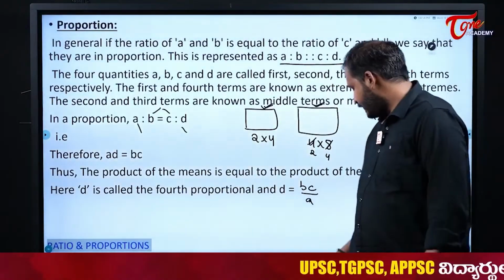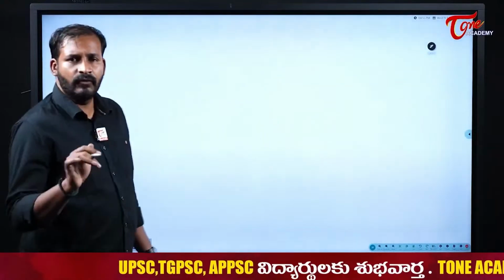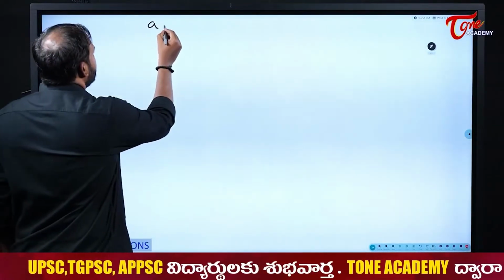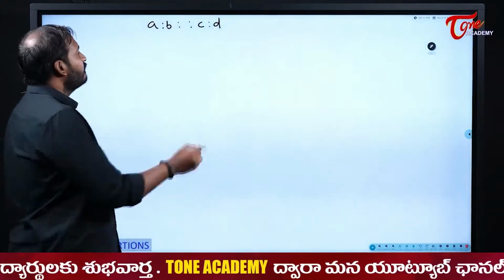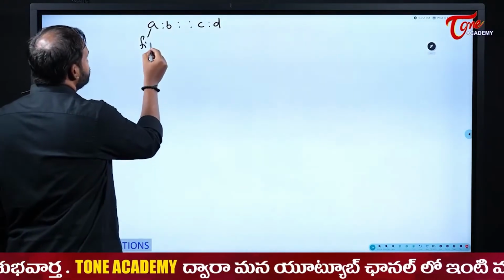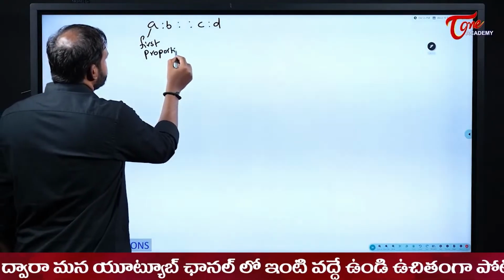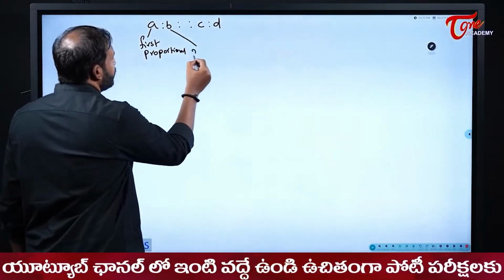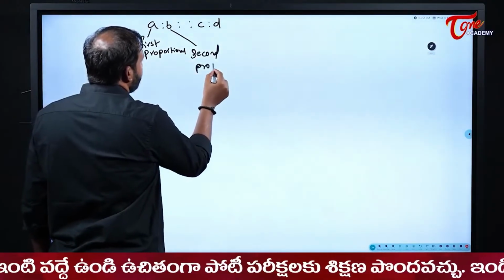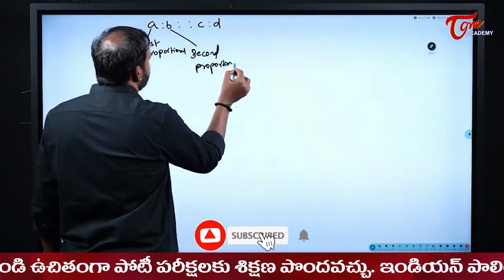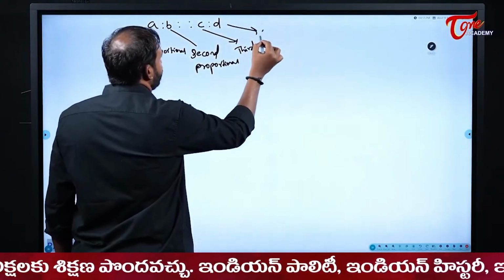What happens in examinations in general is that there are four terms, A, B, C, and D. We call A the first proportional, B the second proportional, C the third proportional, and D the fourth proportional.